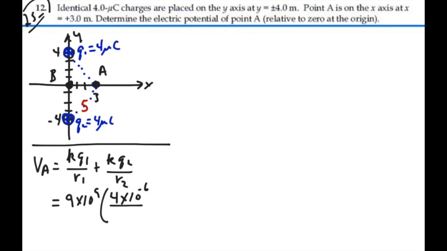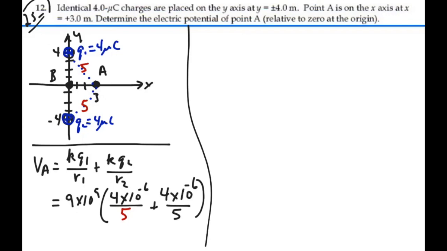So that distance is 5 meters there and 5 meters there. So this is going to be 5 here, plus another 4 microcoulombs, also 5 meters away from point A. And what is that equal to? 14,400 volts. Okay, so that's potential at A.